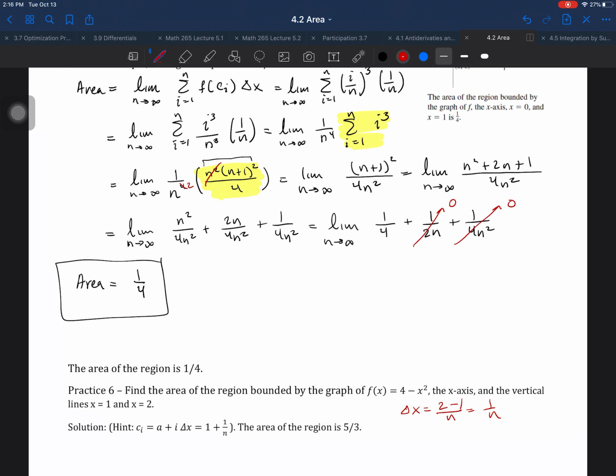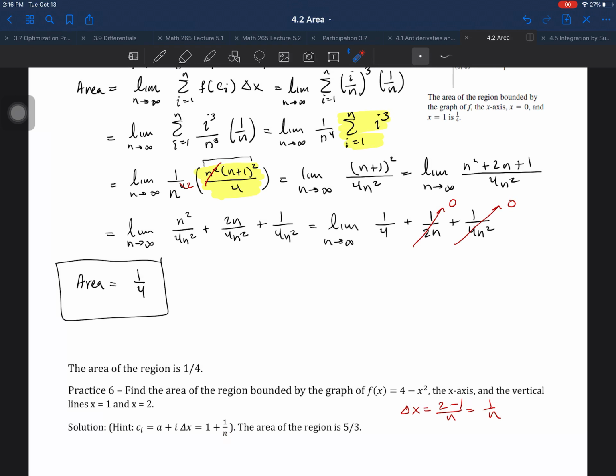And so when you guys are finding your ci, that will be a, which is 1 in this case. Now there's no longer 0, but a equals 1. And then plus i times delta x, which is 1 for the a, and then i times 1 over n, which is i over n.